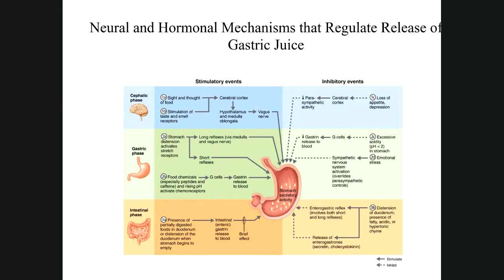It begins with a brief stimulatory event, followed by an inhibition. The stimulatory event is partially digested food entering the intestine, causing a brief release of intestinal enteric gastrin, which is going to encourage the stomach to continue secretory activities.